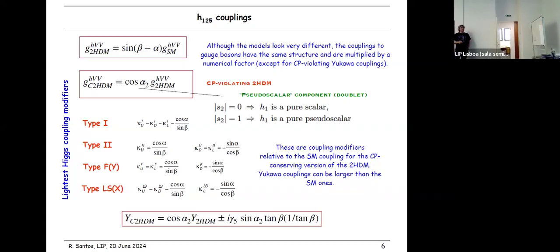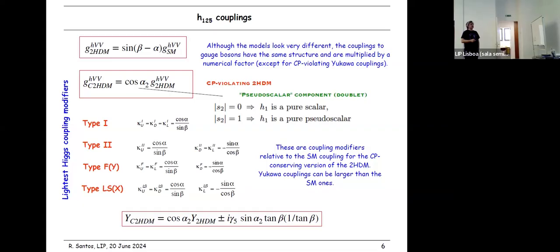You use a symmetry for that, so that the model is renormalizable. For instance, you say that the up has this symmetry or the down has this symmetry. When you put them together, in some cases you can, and in some other cases you cannot.